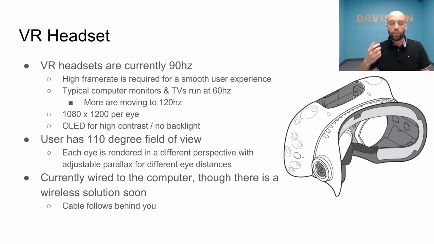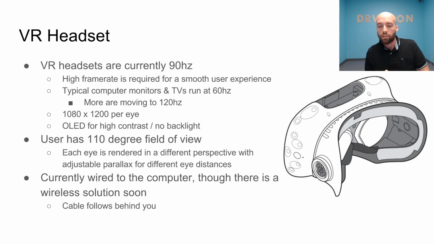Each screen has a 110-degree field of view, meaning your eye can see that far, and that's a very natural field of view. And each eye, how it works with the screens, is each eye is rendered in parallax, and you can set the distance of the eyes because everybody has a different eye parallax.